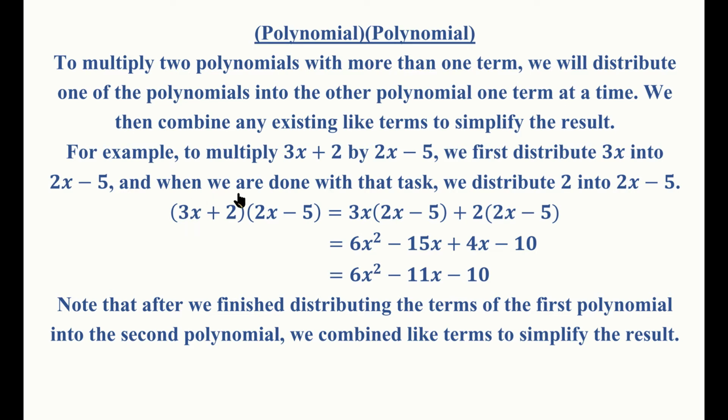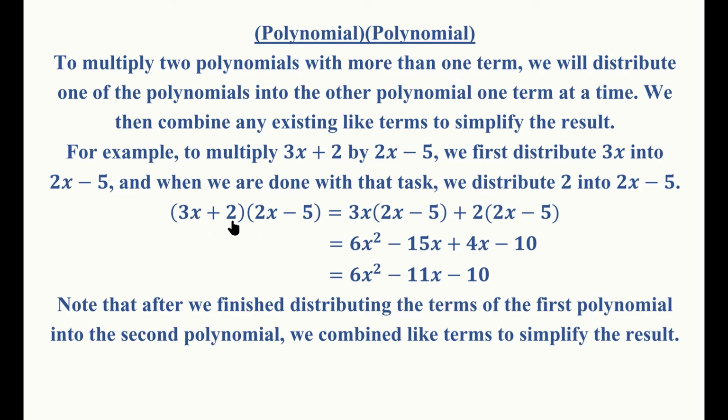So first we're going to distribute 3x in this manner, and then when we're done with that, we're going to distribute the 2. So we get 3x times 2x minus 5 plus 2 times 2x minus 5.